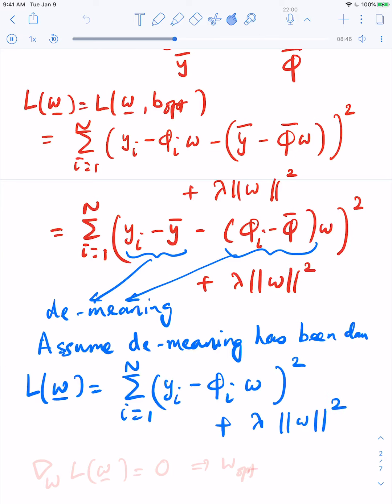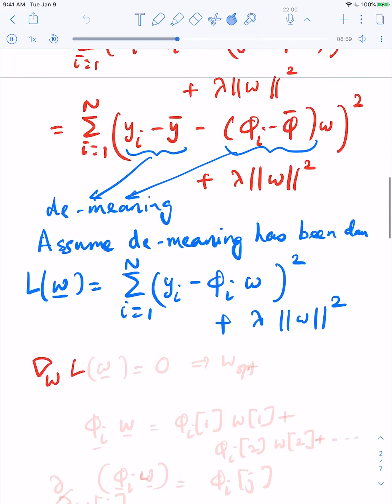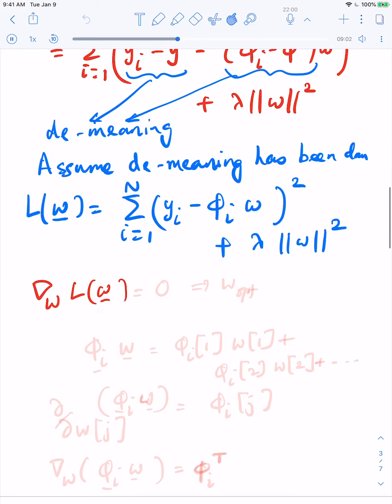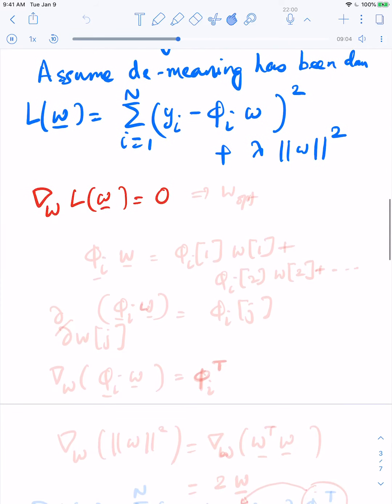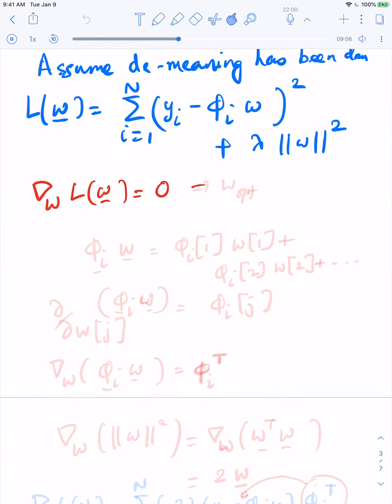It's a quadratic in w, and it's easy enough to compute the gradient and set it to 0. So we are going to take the gradient of this loss function and set it to 0 to get the optimum value of w.